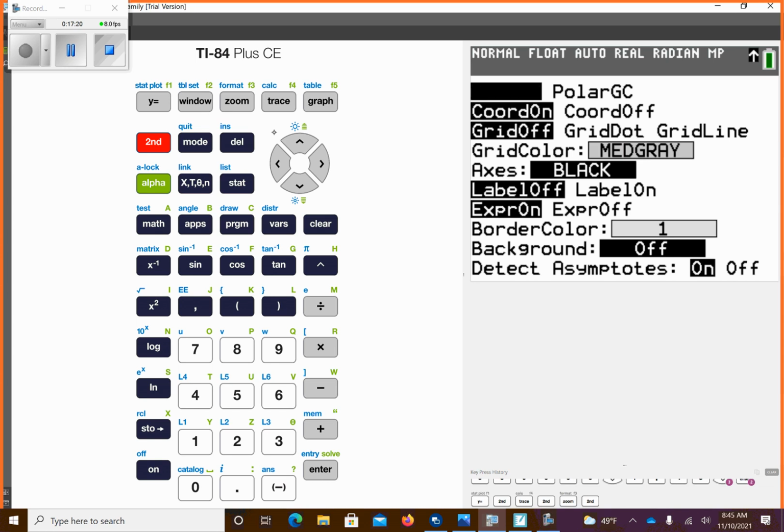I just want to Google something. I remember I saw this a while ago, and I don't remember which calculator it is. Area, let's see. Normal CDF, TI-84, graph.